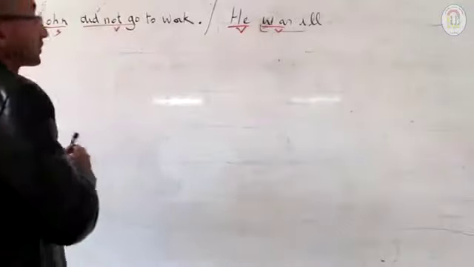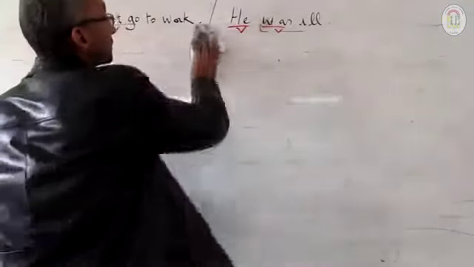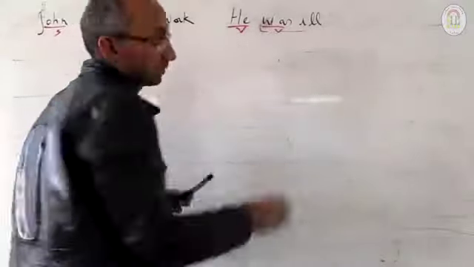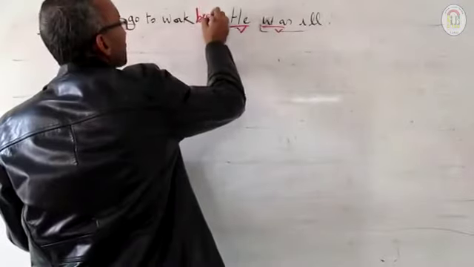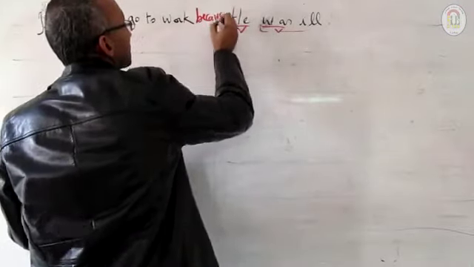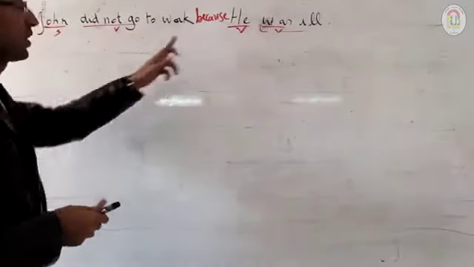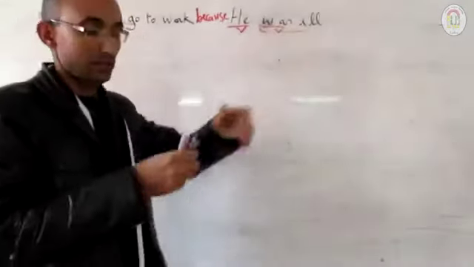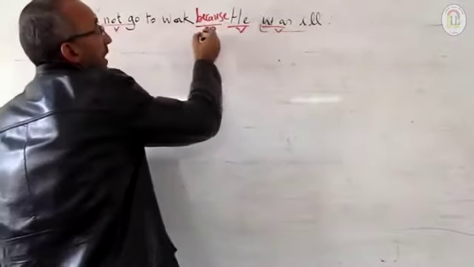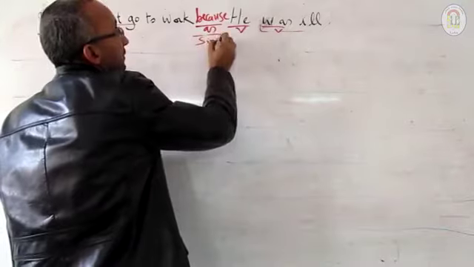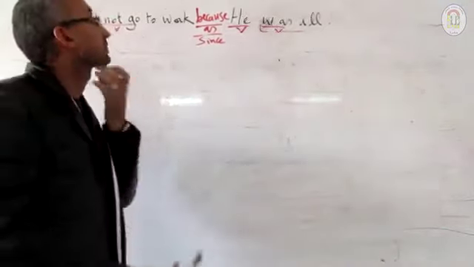I write, John did not go to work because he was ill. Because he was ill. Or also I can use as, or also since. All of them express causality, reason and cause.